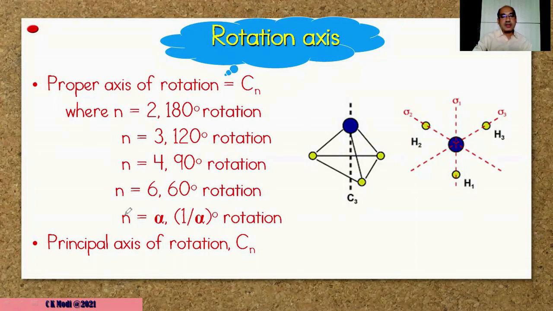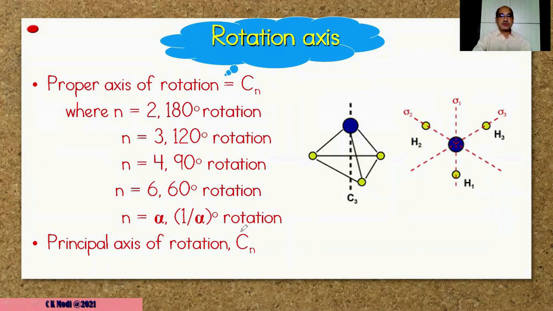So the 6 corners are occupied by carbon atoms. Now, from the center of that benzene molecule, if we pass the imaginary axis and rotate it by around 60 degrees, after 60-degree rotation on the z-axis, what will happen? All the 6 carbons interchange their positions. Hence, we can say that benzene has a C6 rotation axis.